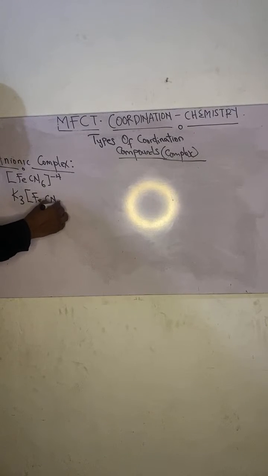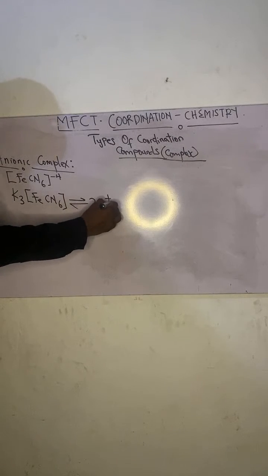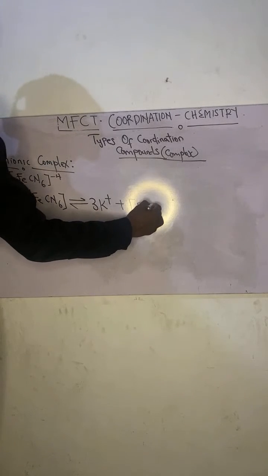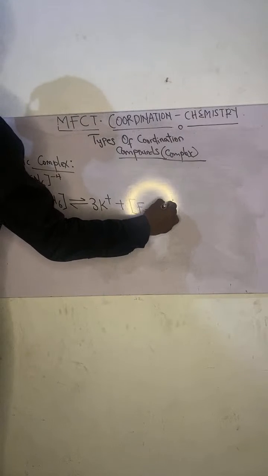Okay, what if we have K4, let's say we have K3[Fe(CN)6]. Now, if we check this compound K3[Fe(CN)6], you are going to see that if we ionize this coordination compound, then we are going to get 3K plus and [Fe(CN)6] minus 3.